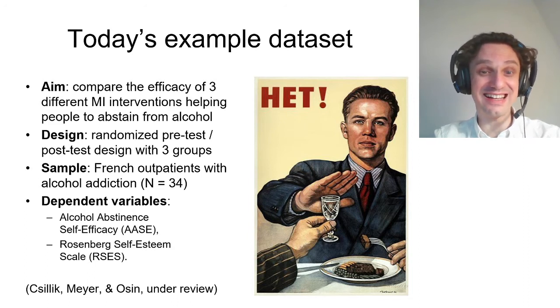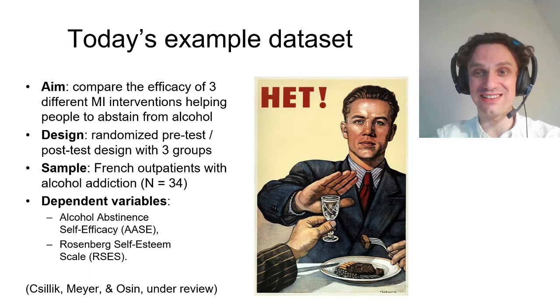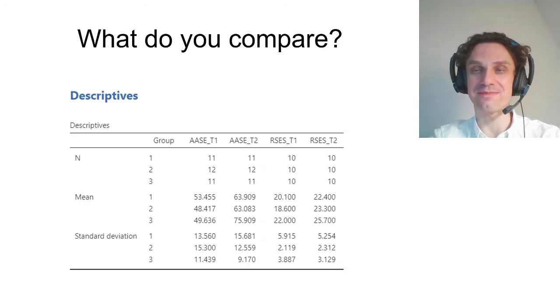And the second scale, which we use as a dependent variable, is the Rosenberg self-esteem scale, which is an important indicator of well-being. We measured those variables before people went through this counseling course and after, and we wanted to see whether there was any effect.